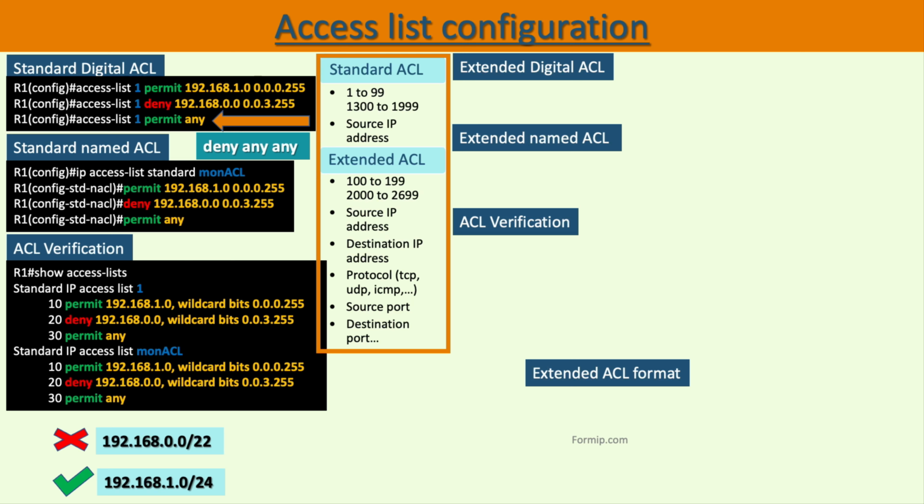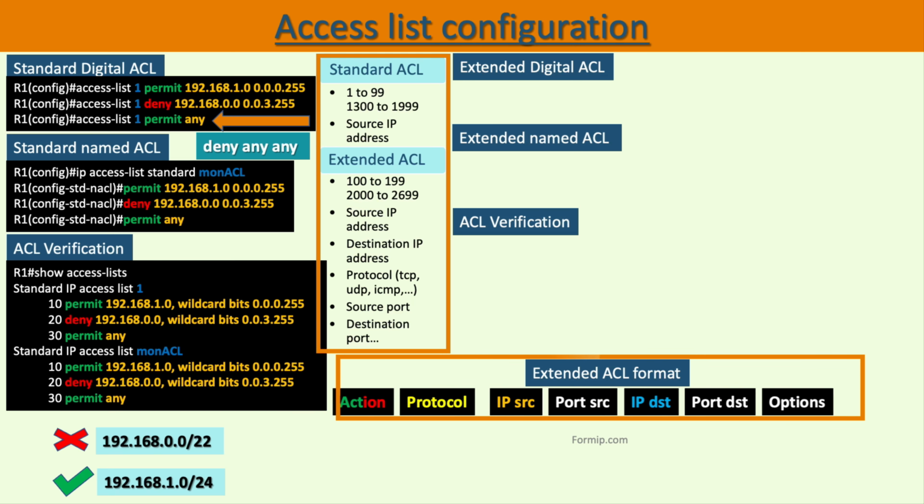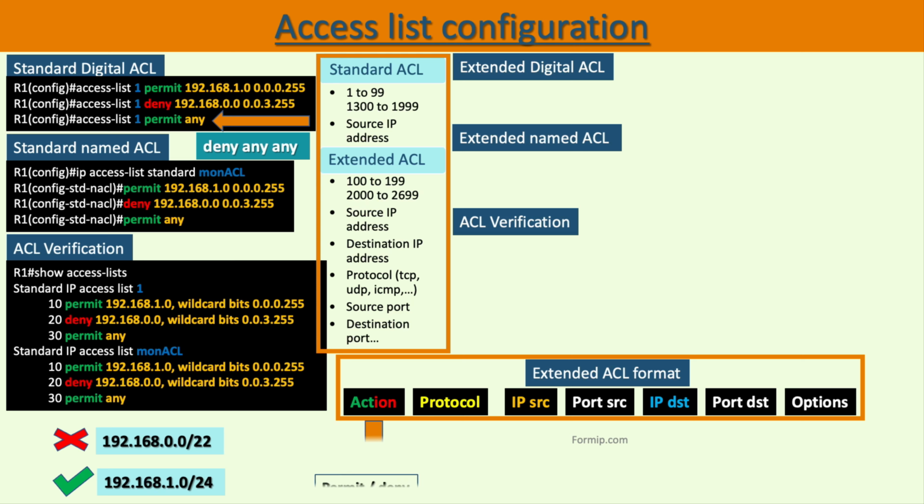Each ACL entry carries an identifier that increments by 10. This is simply to be able to add other entries in between, because an access list is read from top to bottom. Now, let's move on to the extended ACL. An extended ACL has a format that is a little more complex than a standard ACL. The action field can only be permit or deny.